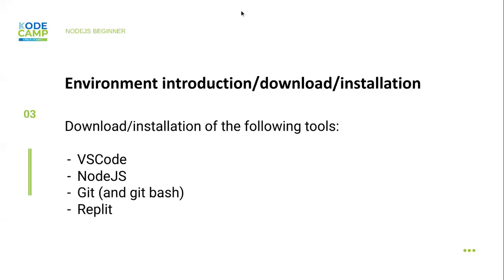Git allows you to push your code from your local repository to your GitHub account, and it allows you to pull code from your online account down to your system.